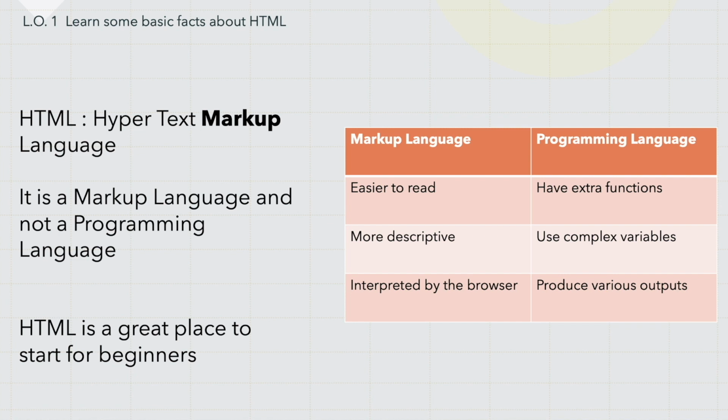Programming languages, on the other hand, have extra functions, use complex variables, and produce different outputs. This is the main difference between the two kinds of languages, without going into too much detail for our purposes. So HTML is actually a great place to start, as it is easier than a programming language, but it will still give you great fundamentals into coding.